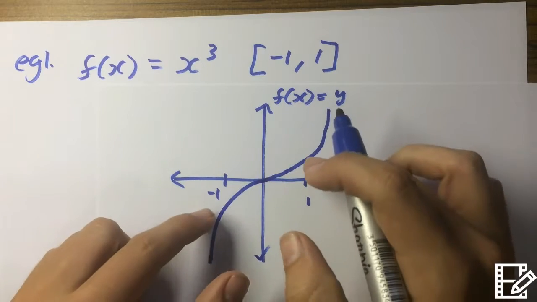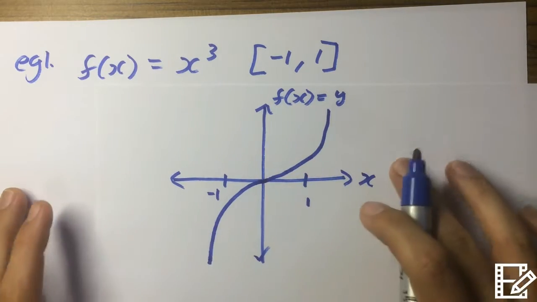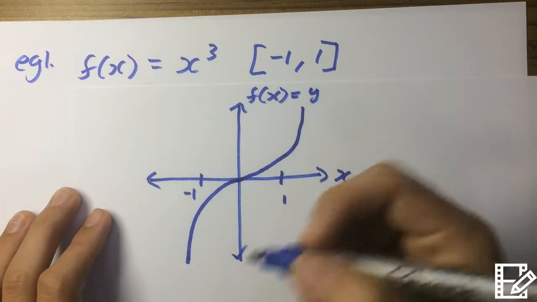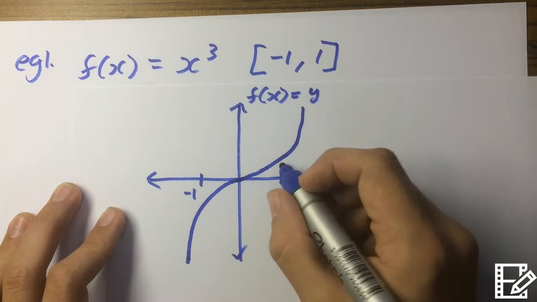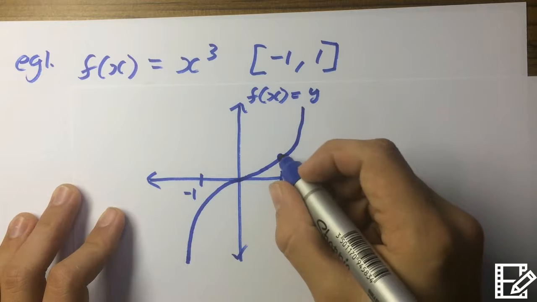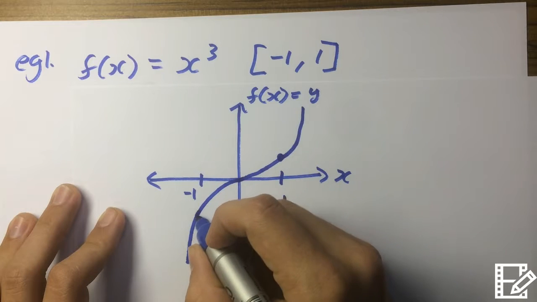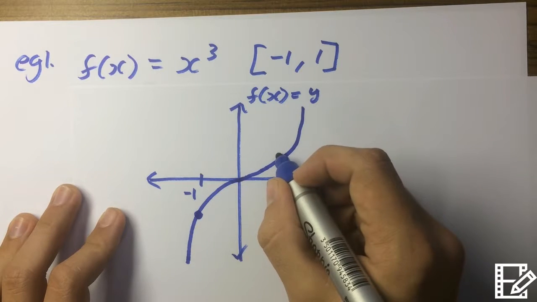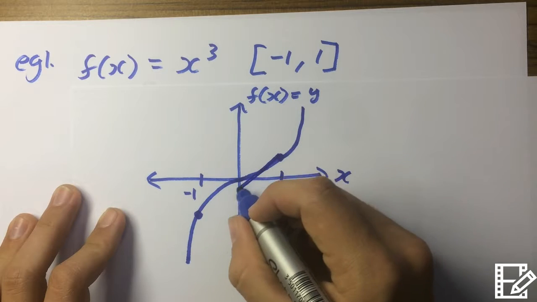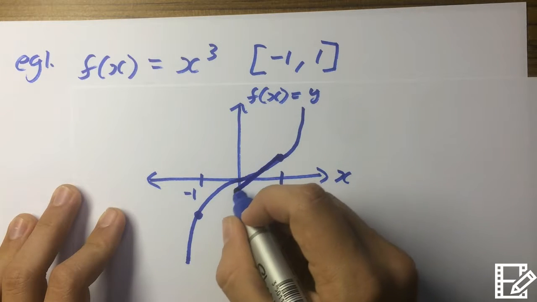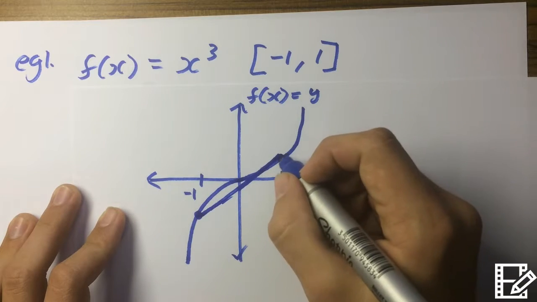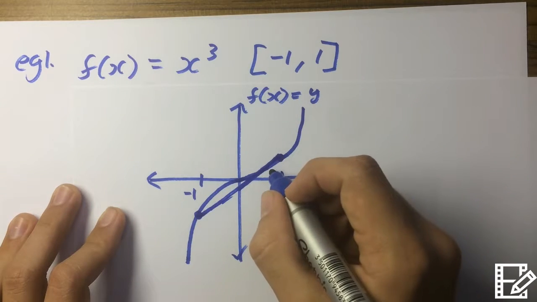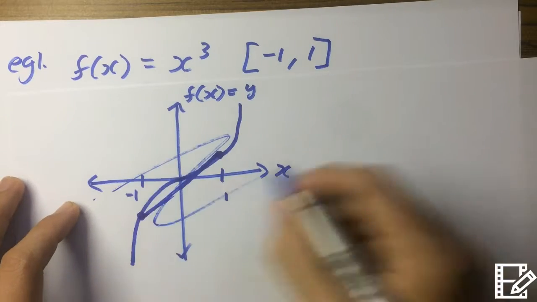So this point is symmetrical to that point, and so on. Anyway, I messed that up, but I'll redraw it.